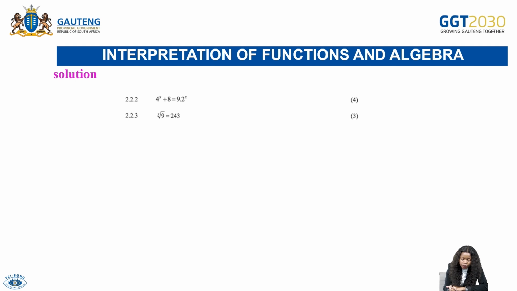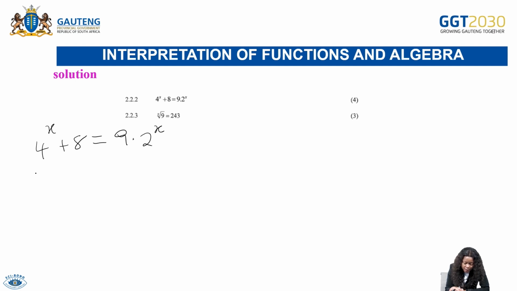Okay, 2.2.2, you are given 4 to the exponent x plus 8 equals 9 times 2 to the exponent x, right? Okay, so first things first, here we need to write the 4, the 8, and the 9 as its prime base. The 8, I don't think we need to do it though.